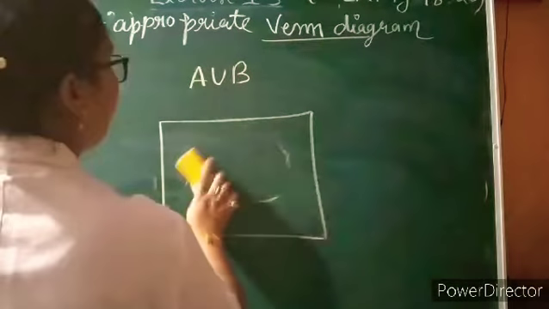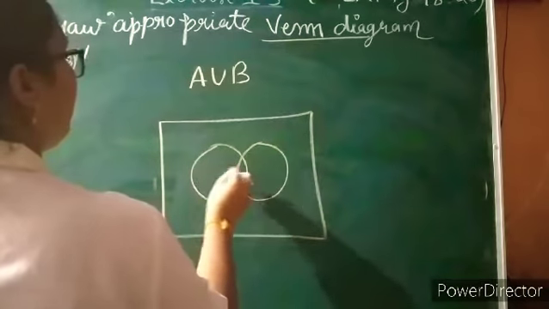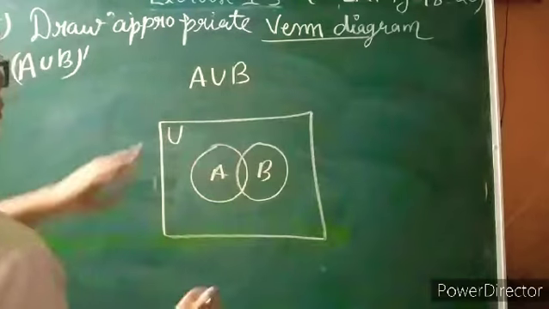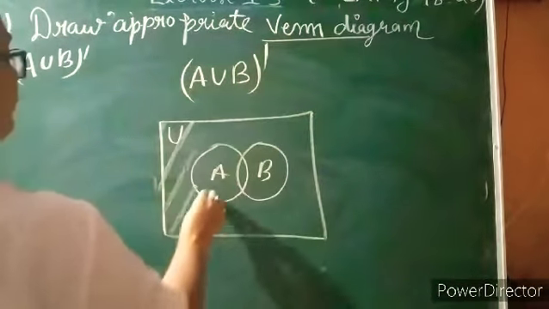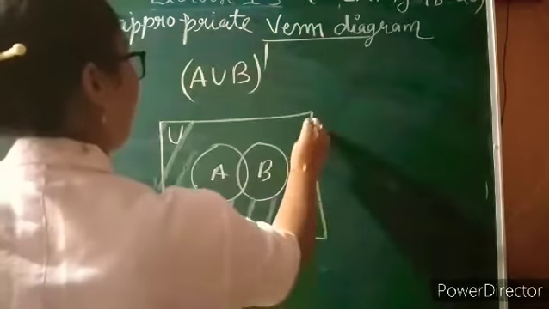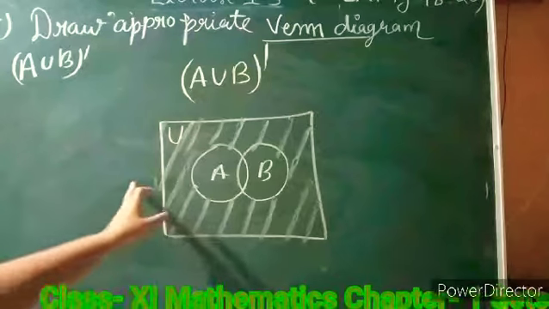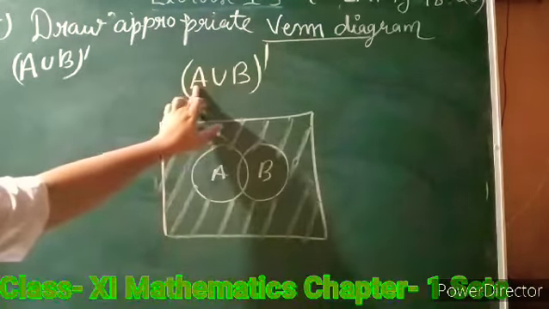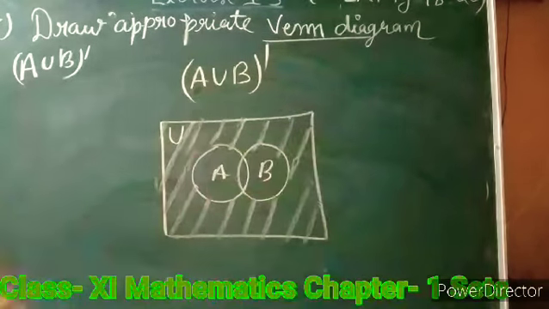We want A and B, okay, and U. So here we take only this part. A union B, that means this part. That is why we take here the complement of A union B in all the area.